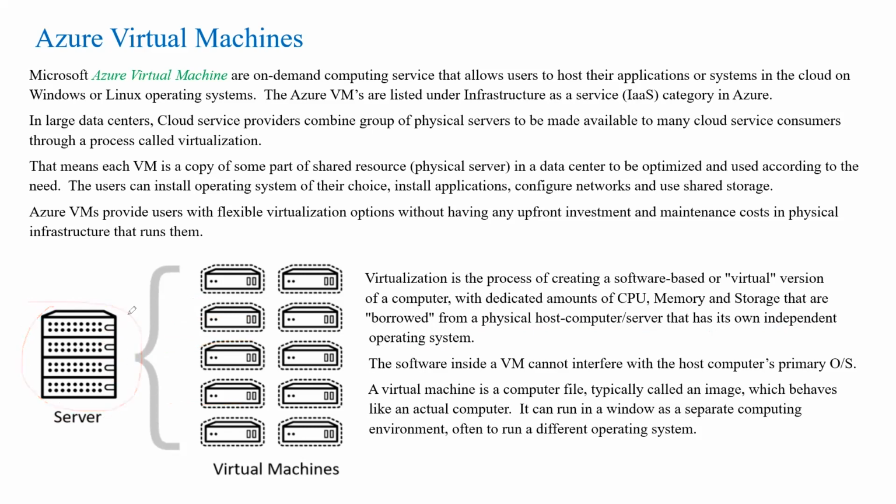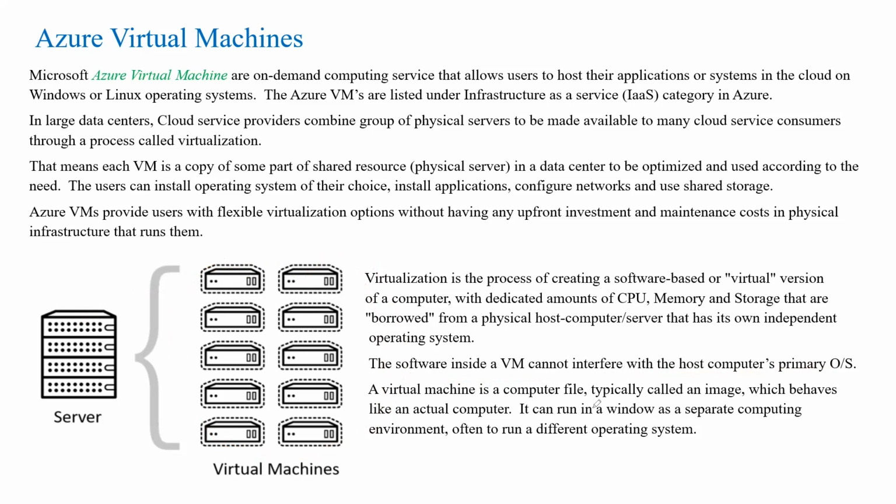Based on this, n number of virtual machines are created, and each and every virtual machine has got its own operating system. None of these operating systems are directly or indirectly working with this core primary operating system. That's what it is. The software inside a virtual machine cannot interfere with the host computer's primary operating system.